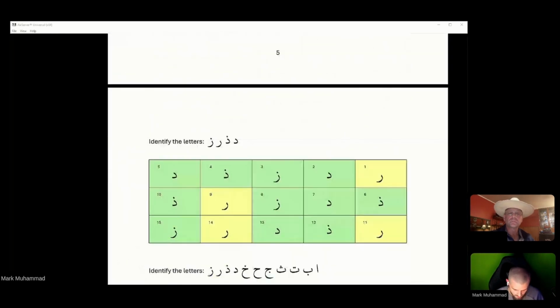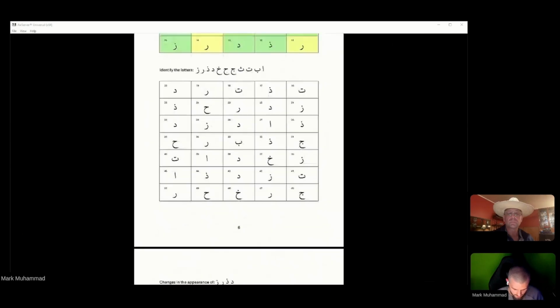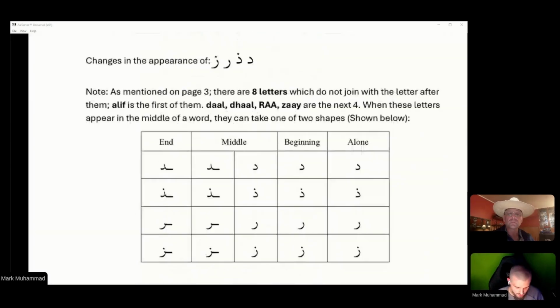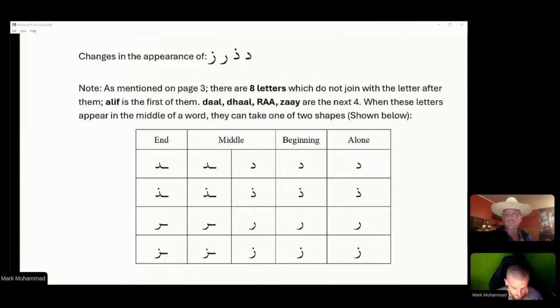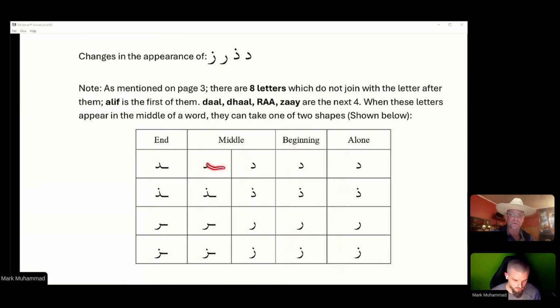What we're saying is that there are letters like these: Dal, Ra, Zai. They don't attach to the next letter after them. They stand alone, almost like a pause in cursive.